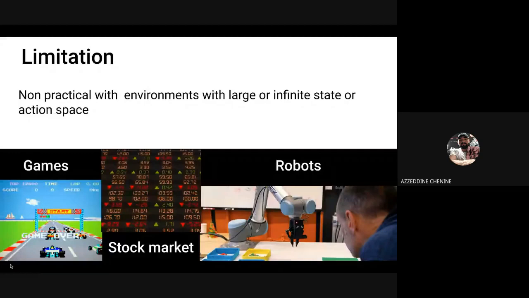This is actually problematic, because in environments with complicated states, like games where we have an image of, let's say, 200 by 400 pixels, or stock markets, where we have many features in our state, or robotics, where we have gravity, pressure, temperature, and many other features, they are hard to index in a table.